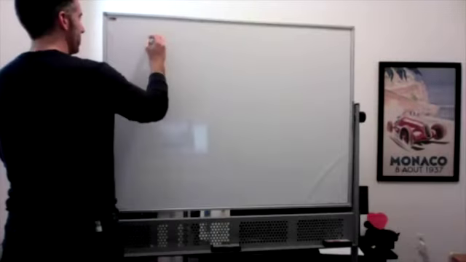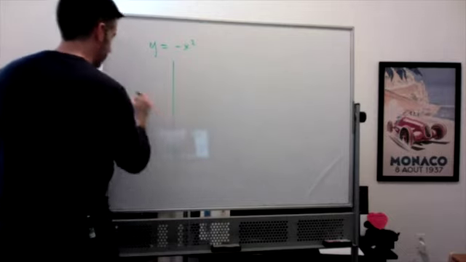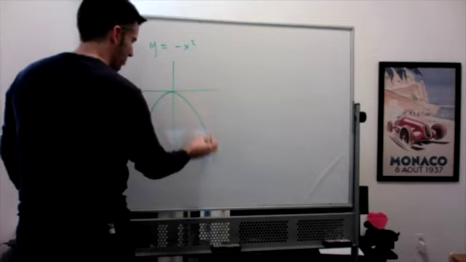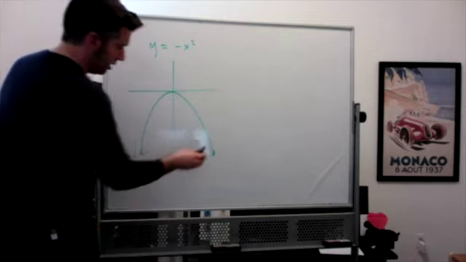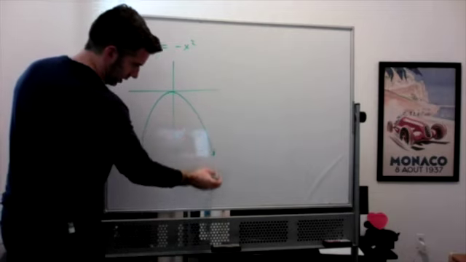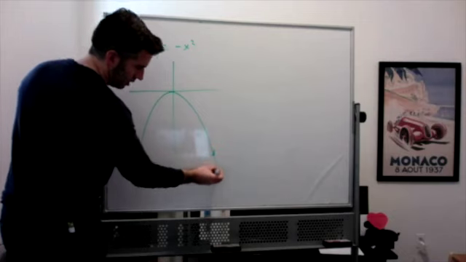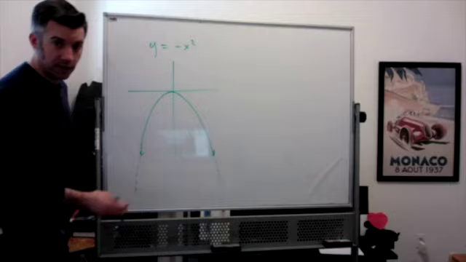Like if I was going to draw y equal to negative x squared, for example, it would look like this. And I know sometimes we're a little bit lazy with our drawing, but I really want to emphasize, this isn't a vertical asymptote, right? It's not ever going vertical. It's still going down and to the right. And this is going down and to the left.